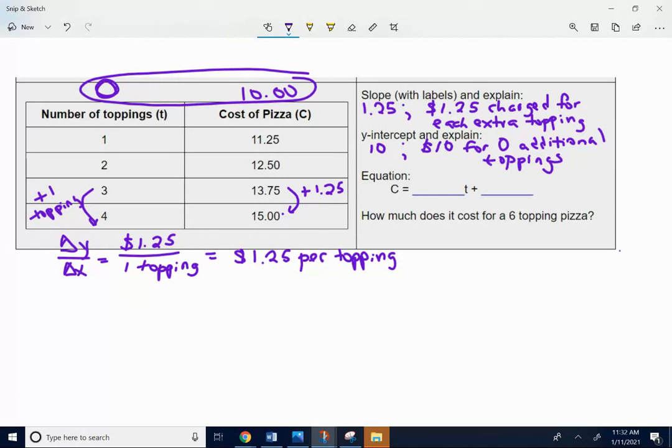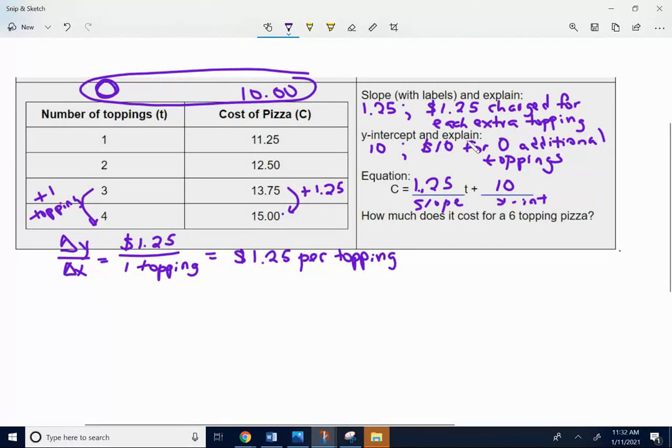Now the equation. Instead of y as the first part of your equation and x in front of the plus sign, we're just going to use capital C for cost and T for toppings. But you do it the same way. So the $1.25 goes in front of the T, the variable. The 10, the y-intercept, goes at the end. Slope is always in front of the variable. Y-intercept is always at the end.